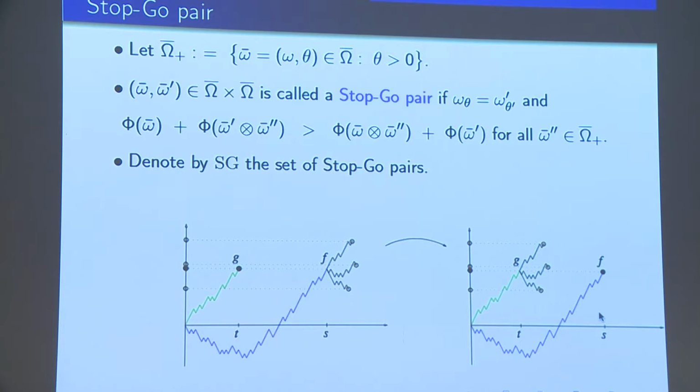So for any path in omega bar, if we paste it to f, here f represents omega prime and g represents omega, so if we paste this path along f, it is always optimal to paste it to g. That means, according to our optimality criterion, it is always optimal to paste any path to omega bar prime rather than omega bar.